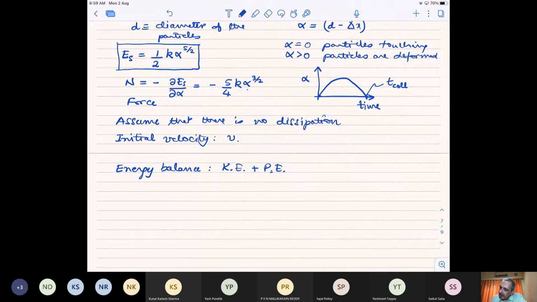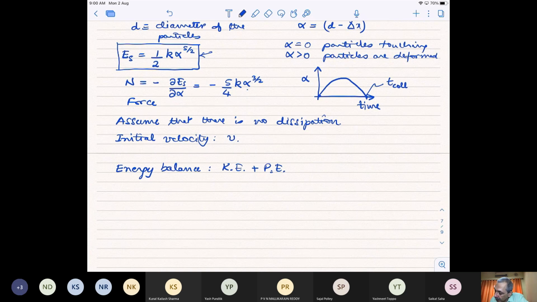So the potential energy is given by this, and the kinetic energy depends on the velocity. Initially there is only kinetic energy because alpha is 0. So before the particles start deforming, there's only purely kinetic energy. So the particles are approaching with a velocity v.